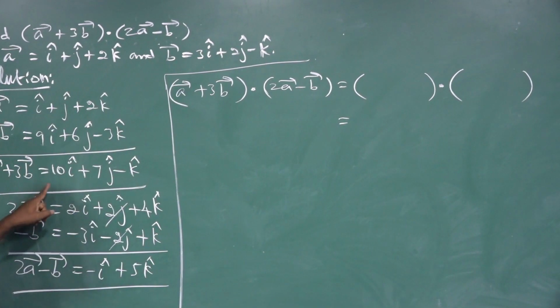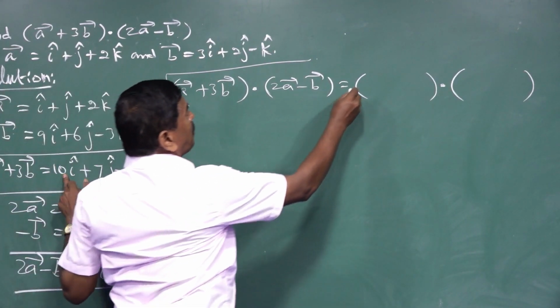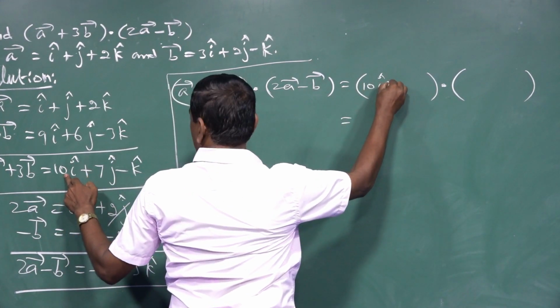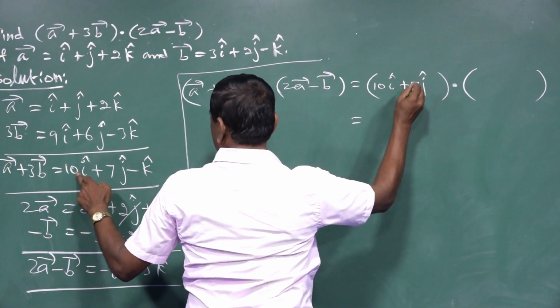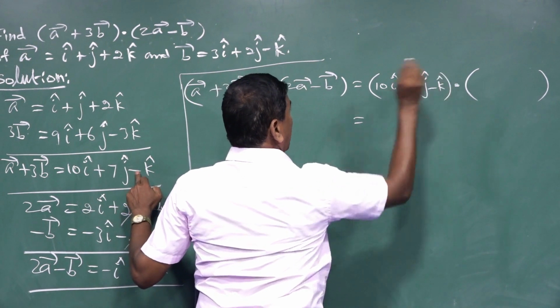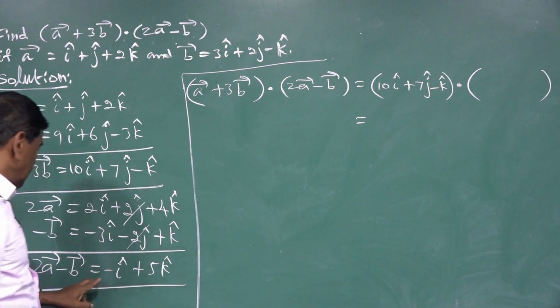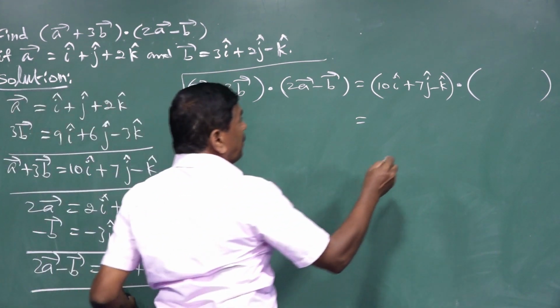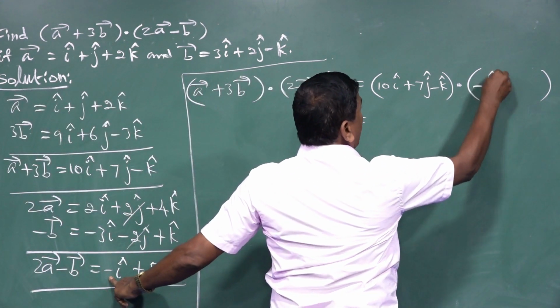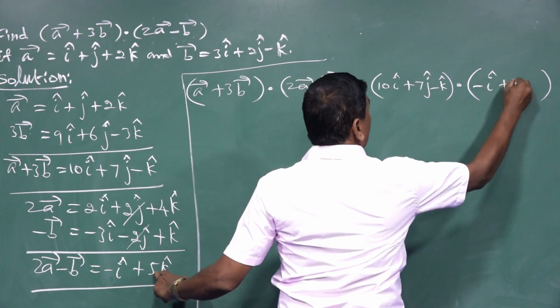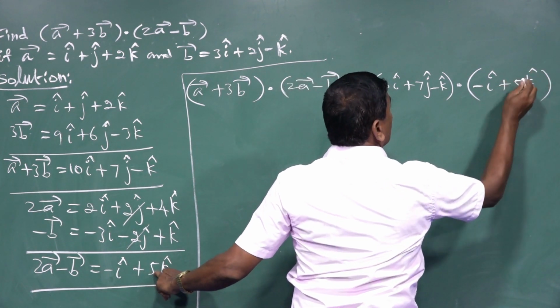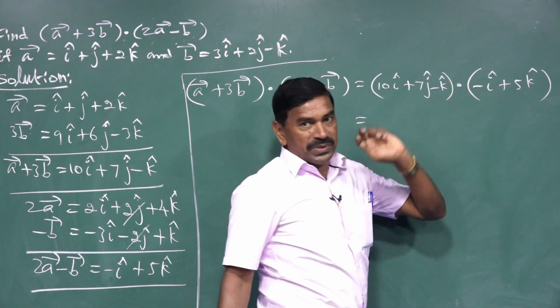Yes, the first bracket is 10 I cap plus 7 J cap minus K cap, dot the second bracket answer. What is the second bracket? Minus I cap plus 5K cap. Remember here J is absent.